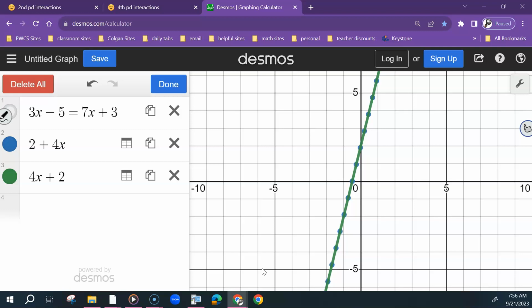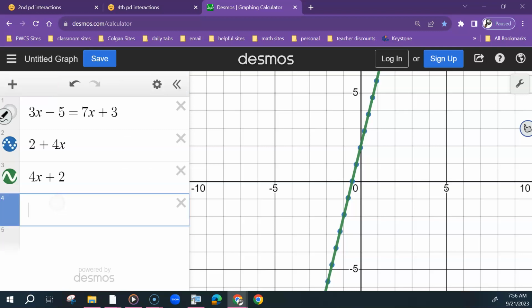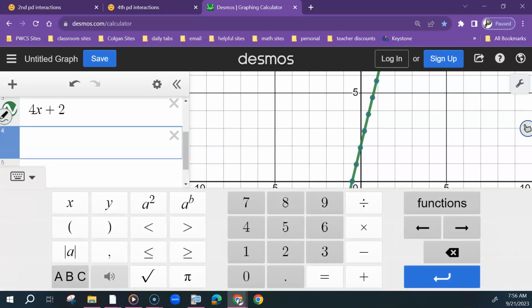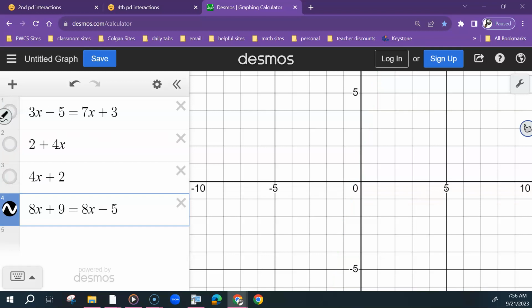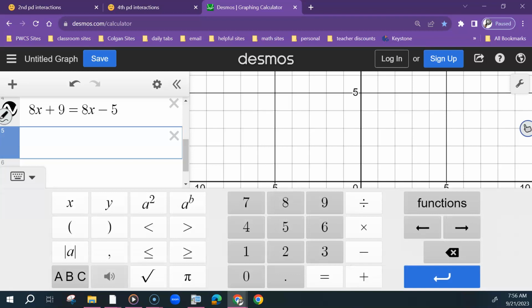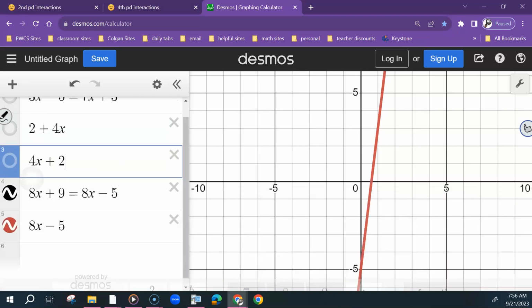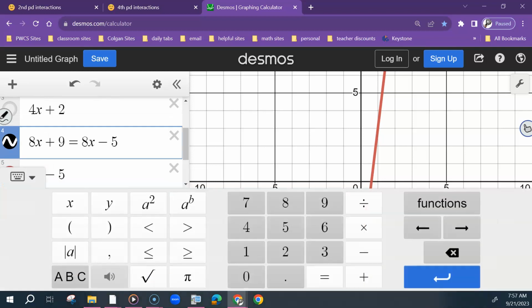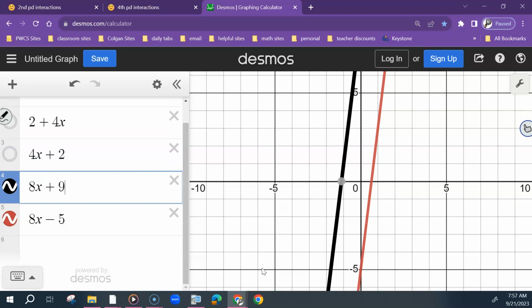The same thing is going to happen for no solution. If you put it in all together, nothing will appear. You won't see anything, but if you put them in separately, you'll see two separate lines.